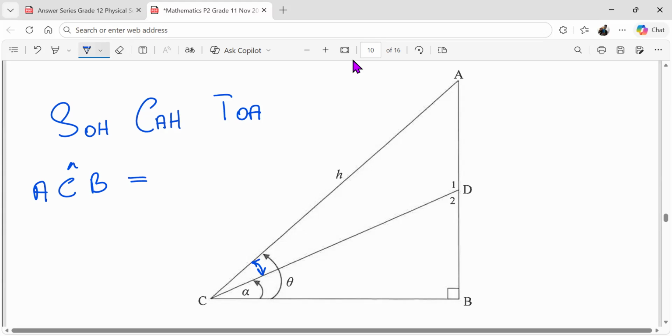What did I say? Did I say ACB? No, I'm lying. I should have said ACD. Yes. Anyone? Come on, guys. What is the size of angle ACD?